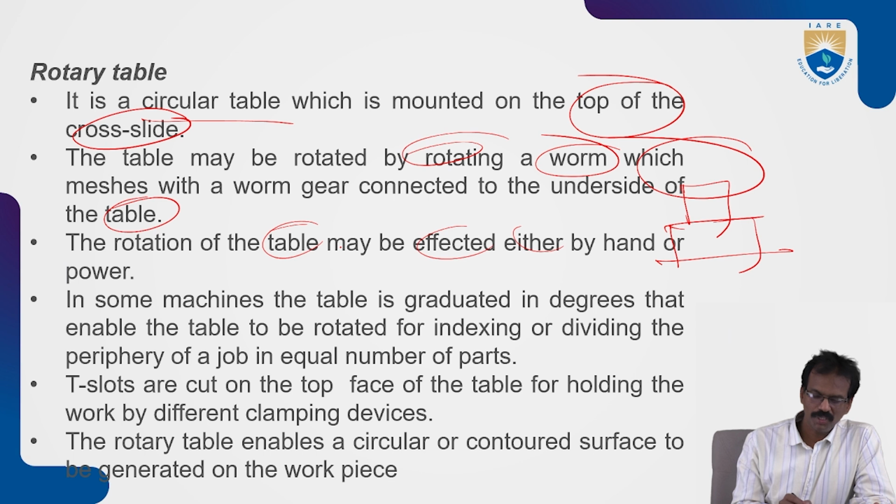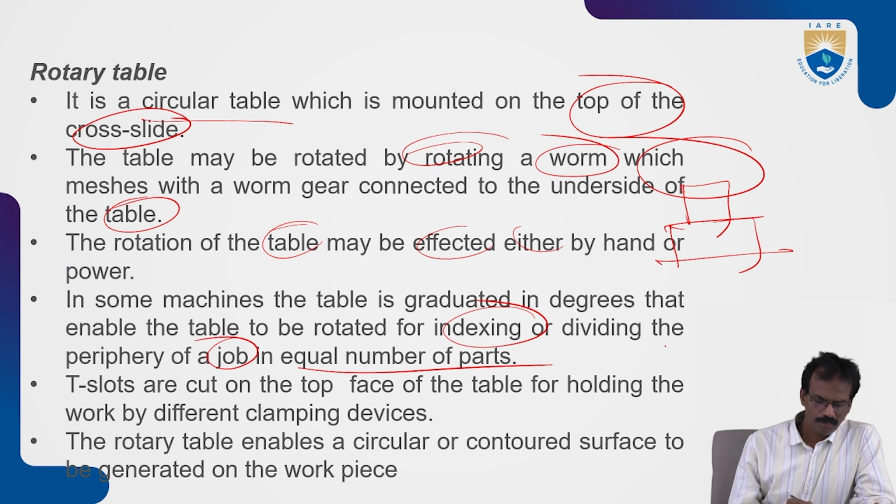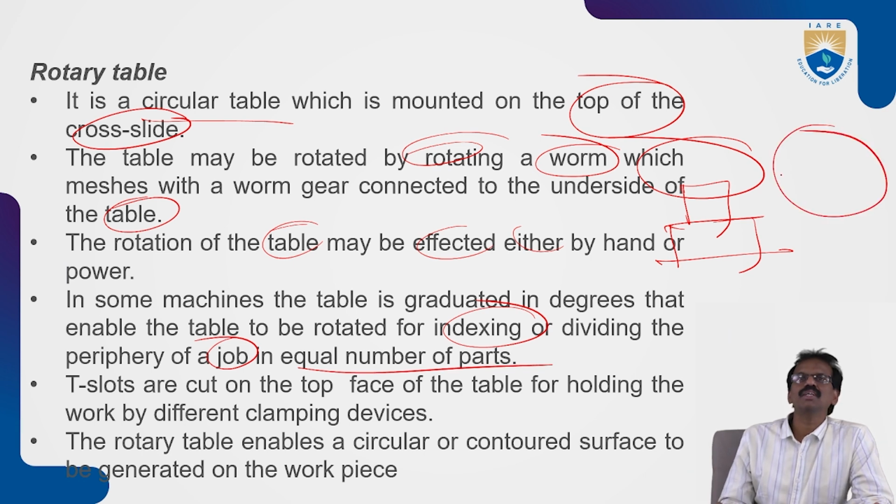The rotation of the table may be effected either by hand or by power. In some machines the table is graduated in degrees, which enables the table to be rotated for indexing, or dividing the periphery of a job into an equal number of parts.